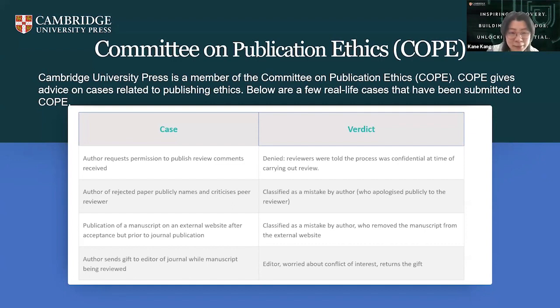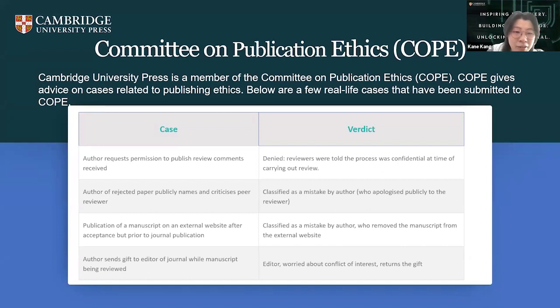Don't get too emotionally involved in this. If there's anything you are not satisfied with, contact the journal editor and solve the problem. Don't publicly name and criticize other people.